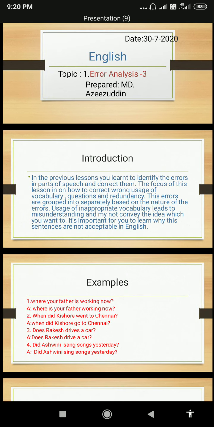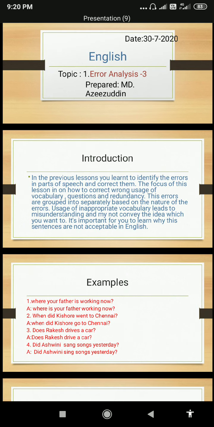If you don't use suitable vocabulary in your sentences, a listener cannot understand what you want to tell him. So wrong usage of vocabulary leads to misunderstanding by others. For that reason, we have to learn using correct vocabulary in sentences.